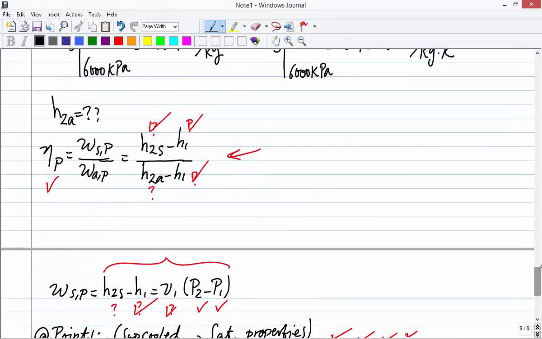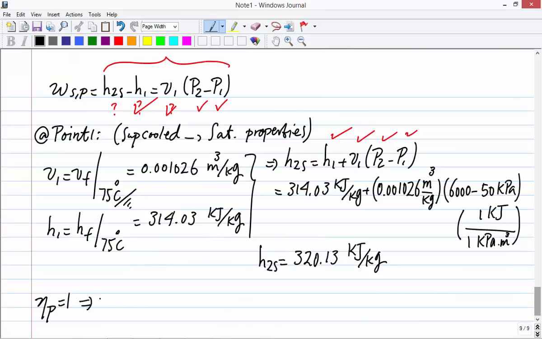Therefore, this is 1. And this cancels out. You might say, well, why did you solve for H1? Because I needed H1 to put it there and solve for H2S, and then now put it back there and find H2A.